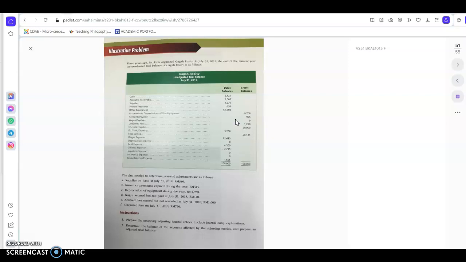Cash is given 3425. And then accounts receivable 7,000, supplies 1270, prepaid insurance 620, office equipment 51650. Okay, those are the debit side.